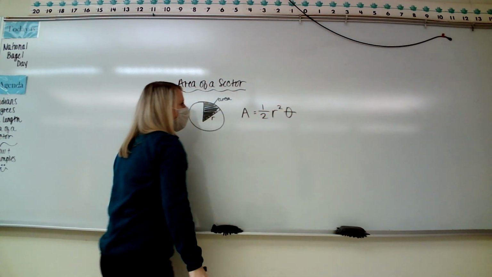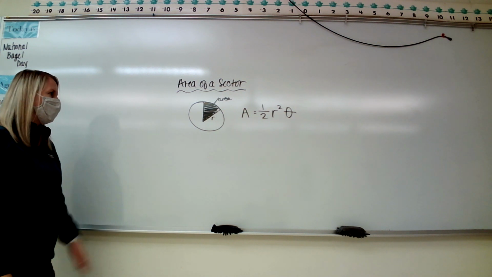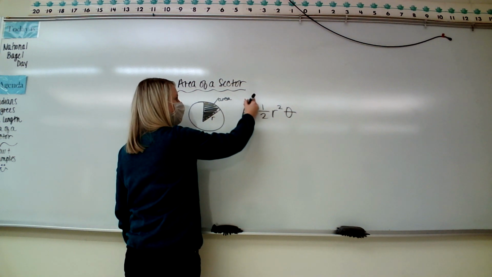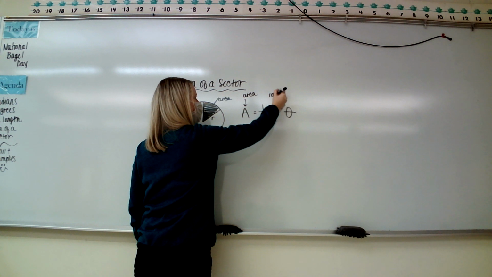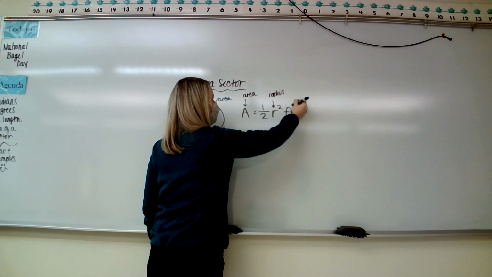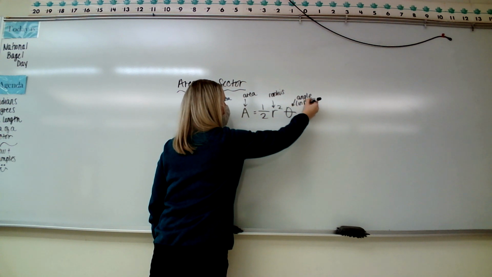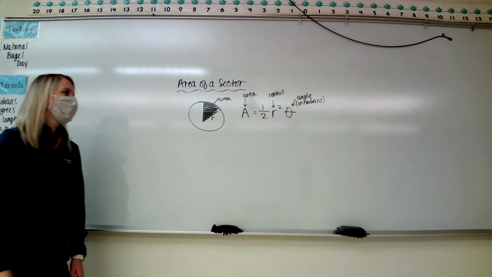The nice thing about formulas is you can refer back to them, plug in, and you're done. Just as a reminder, A is area, r is radius, and theta is your angle in radians.